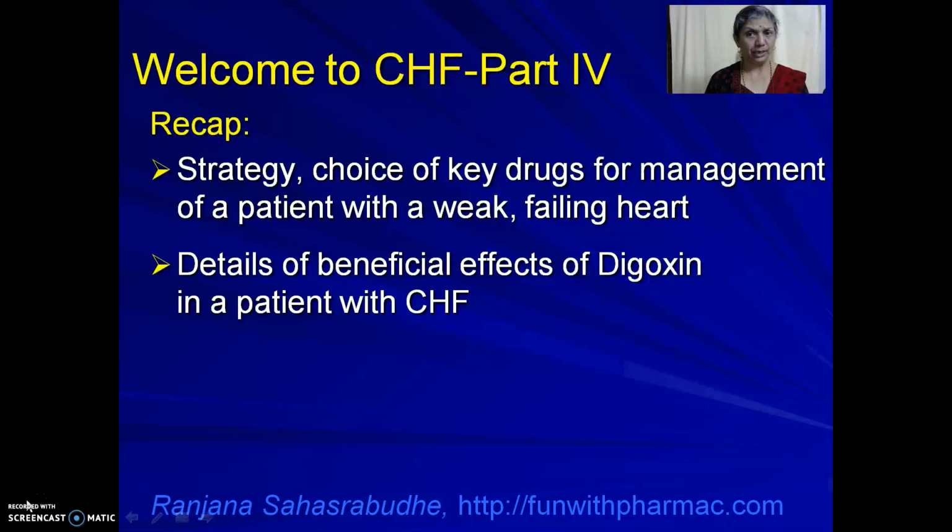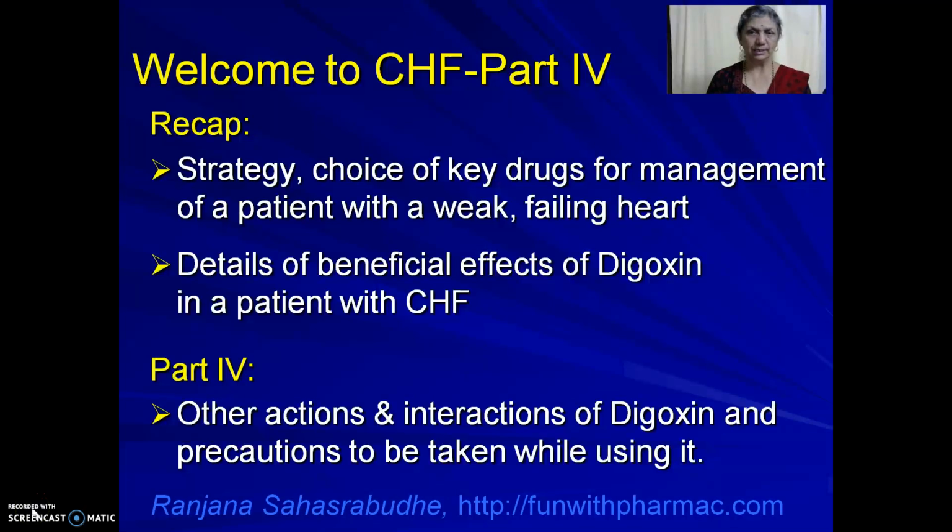I hope you've been enjoying learning about the basics of pharmacotherapy of CHF, understanding and therefore enjoying. Earlier we've seen the strategy of management and the key drugs used in management of congestive heart failure, and we've also seen the useful actions and effects of digoxin, the first drug introduced in management of this clinical situation.